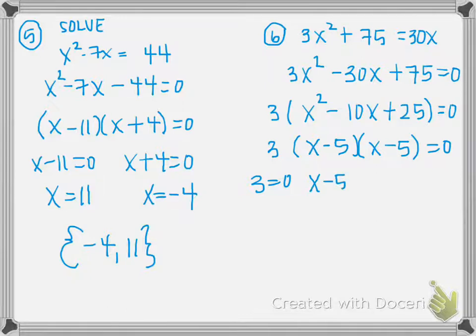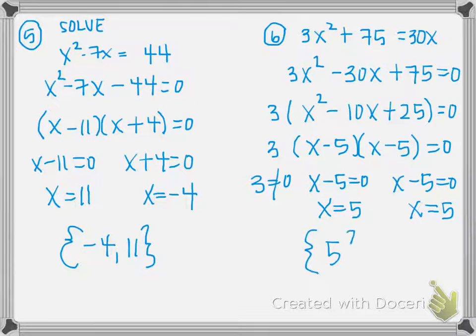Set each one equal to 0. Well, 3, that's not going to be equal to 0, so that's not true. But x is going to be equal to 5, and x is going to also be equal to another 5. So it's really only one solution there. So that means it's only going to cross the x-axis at 5.